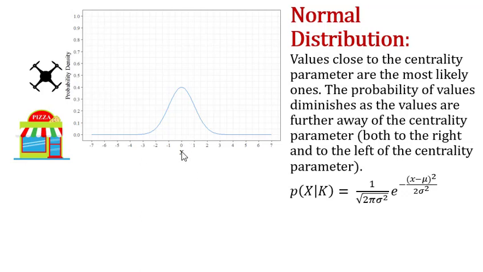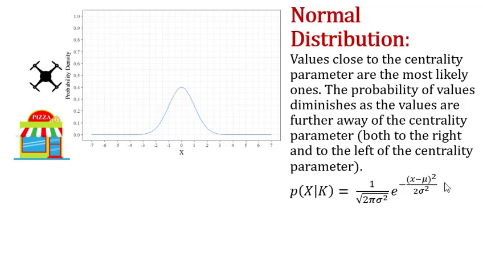Now, here the mean of this distribution is 0. It is not necessarily the case. We can have normal distributions with any type of mean. We just have to add the mean to all these values in order to obtain such a distribution.